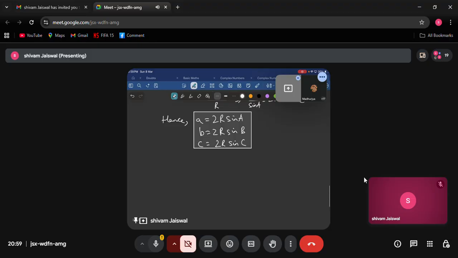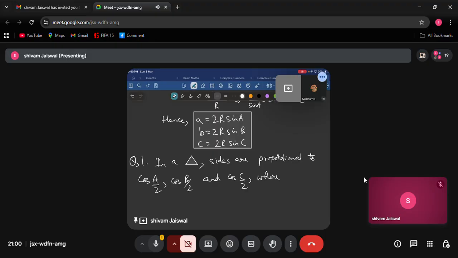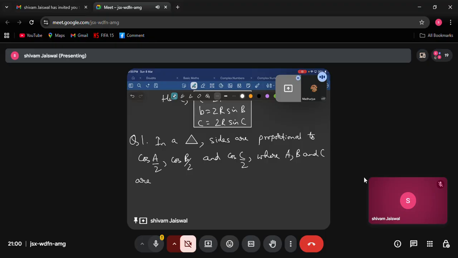So let us do one problem. Question number 1. In a triangle, the sides are proportional to cos A by 2, cos B by 2, and cos C by 2, where A, B and C are angles of any triangle.